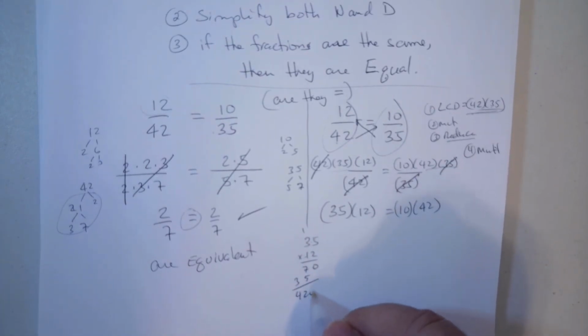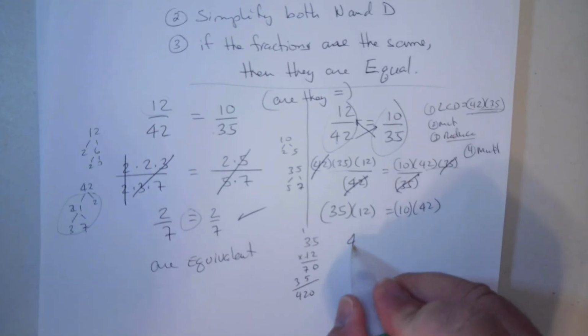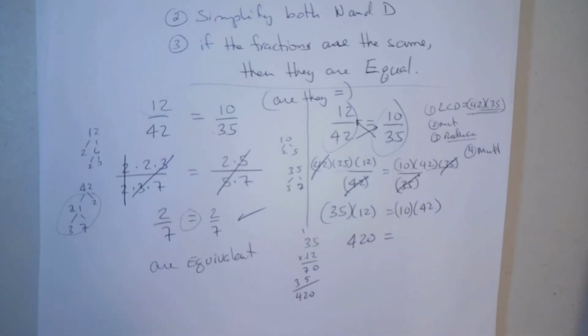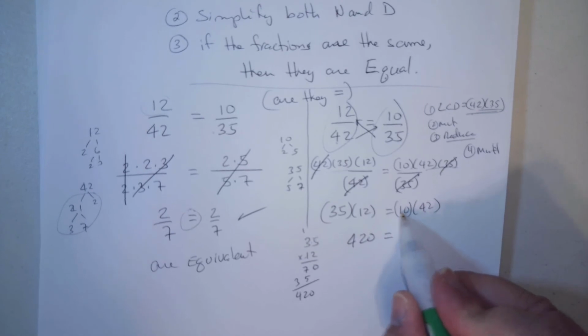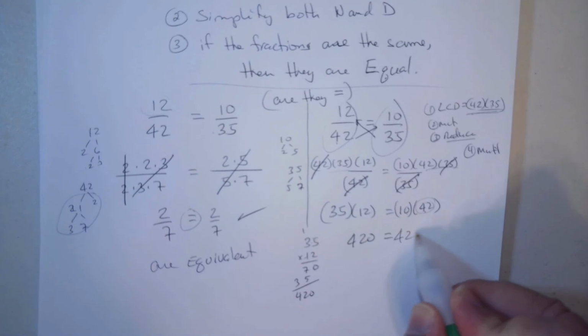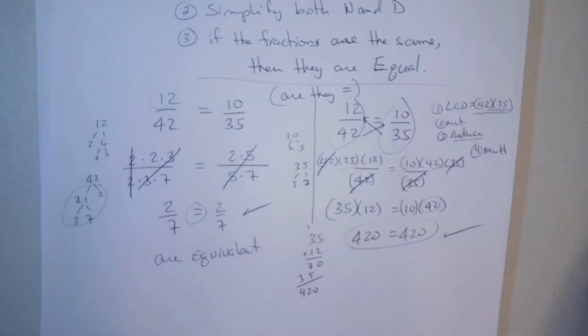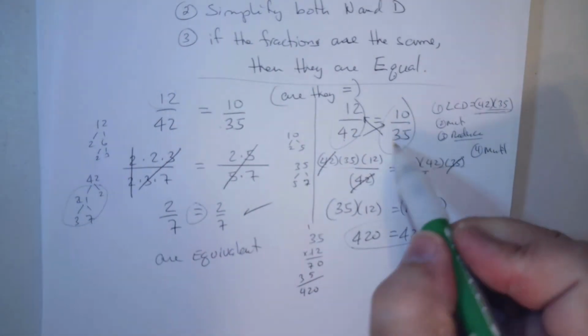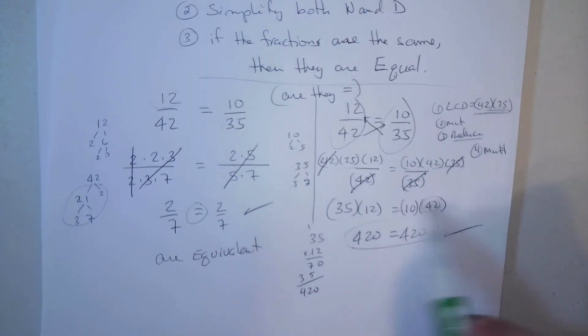So it's 420. 42 times 10 is 42 times 1, and put a 0 behind it. So you just multiply. You don't have to go through all this.